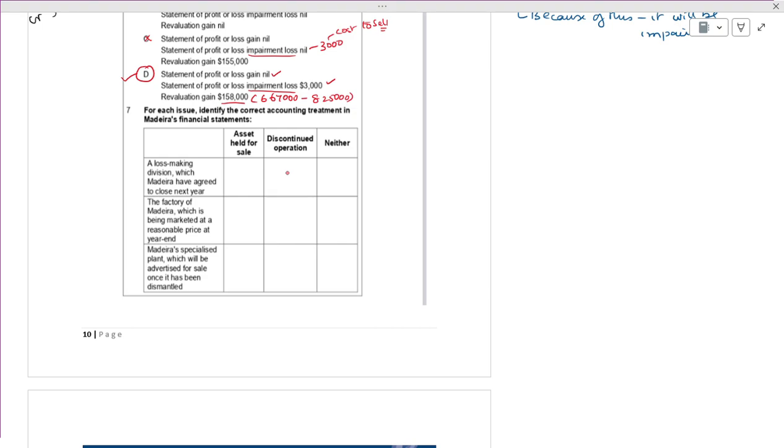Okay. Very good. Fine. Now, what does it say? Now it's easy. Yes or no? You have to tell. A loss-making division which Madeira have agreed to close next year. Next year, not next 12 months. Is that? If it is next 12 months and next year, a lot of difference is there. Where do we have to show?